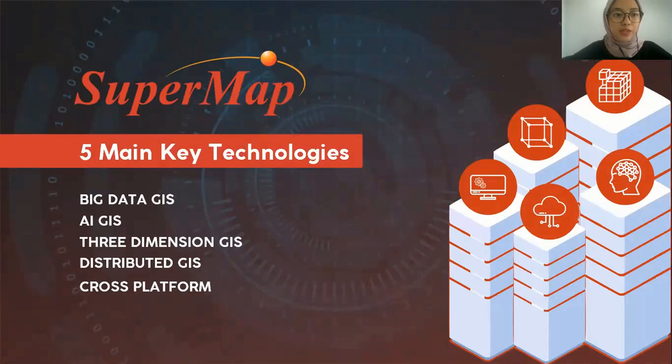Next part is the SuperMap 5 main key technologies, which act as the main foundation for all of our solutions. The first one is big data GIS. So our technology can be used to handle the whole process of big data, starting from streaming data processing, then storage management, analysis, visualization, and AI GIS.